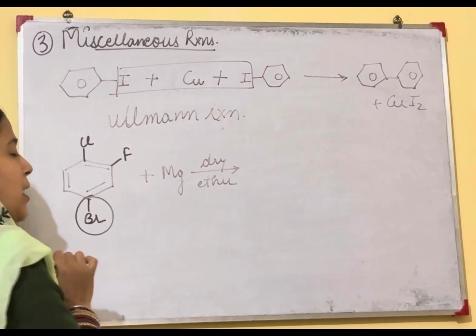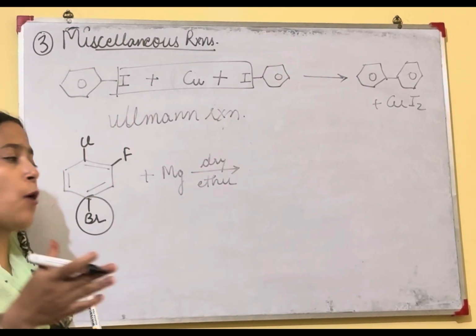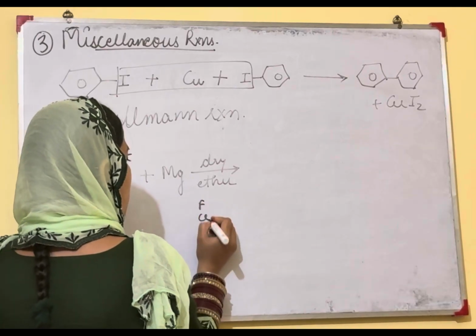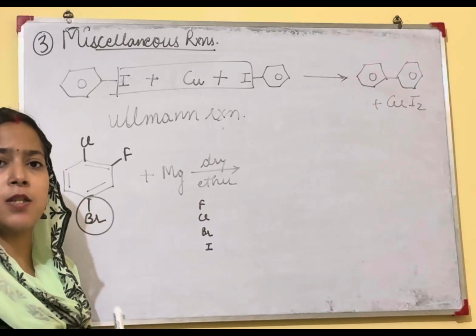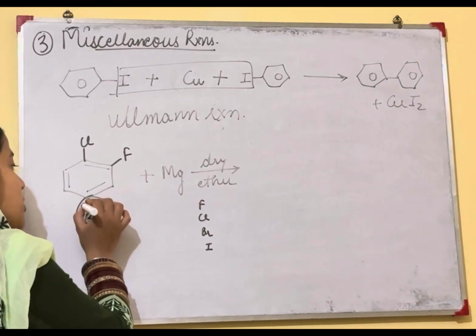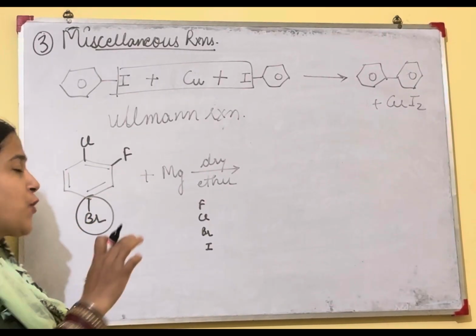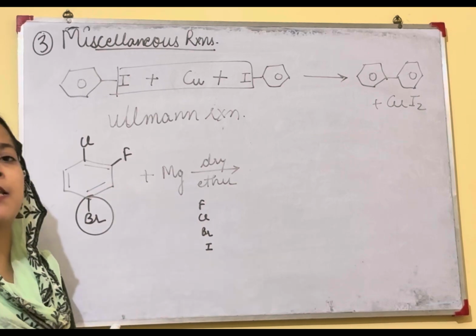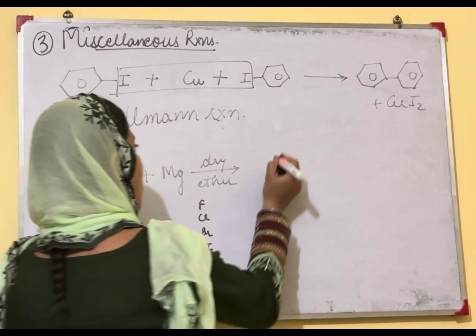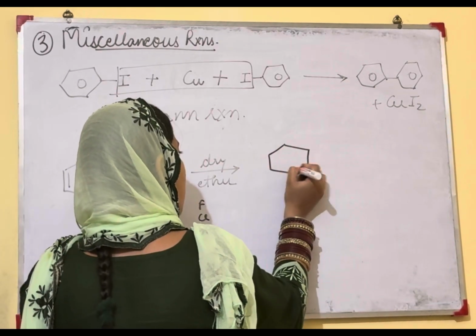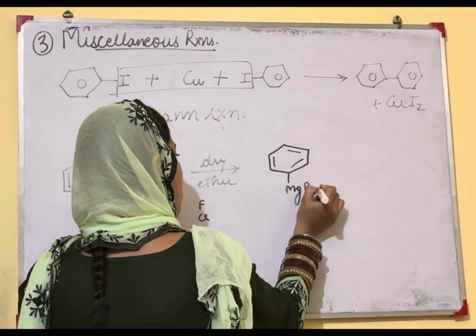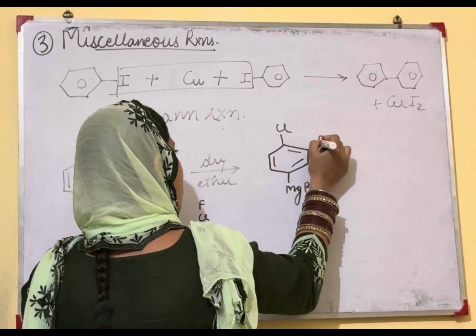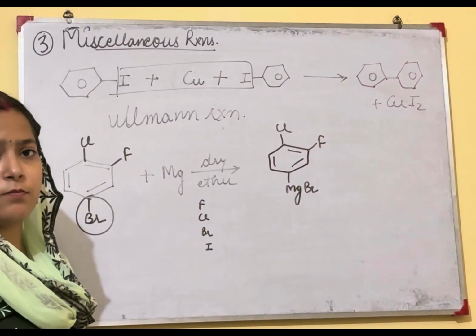This bond will break because as we move down the group, fluorine, chlorine, bromine and iodine, size increases, bond length increases and bond strength decreases. If this bond is weak, then it will be easily broken. So it leads to the formation of Grignard reagent MgBr. This chlorine and this fluorine will remain as such.